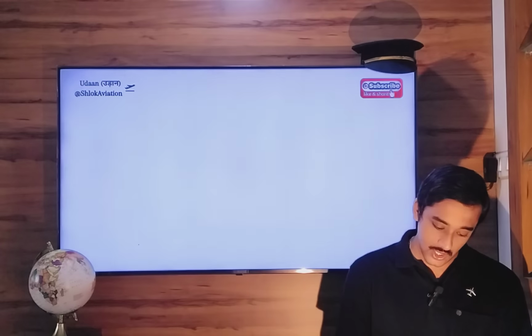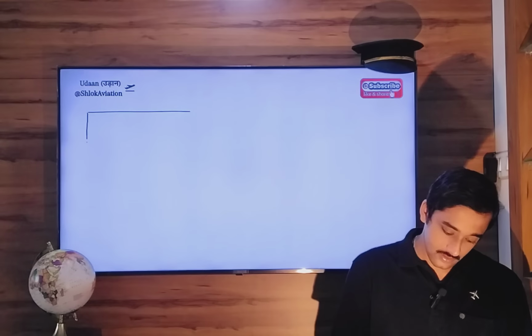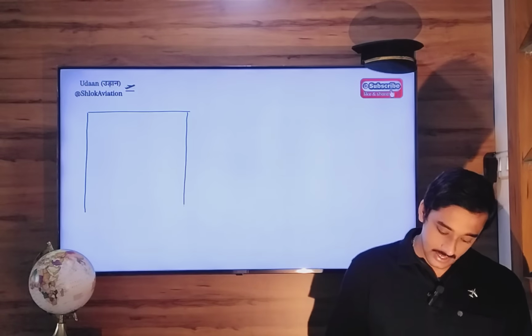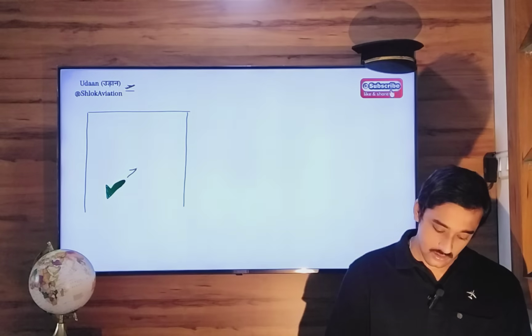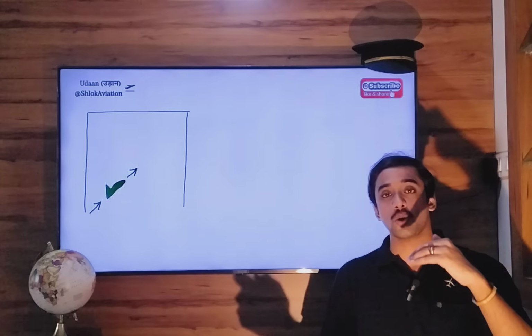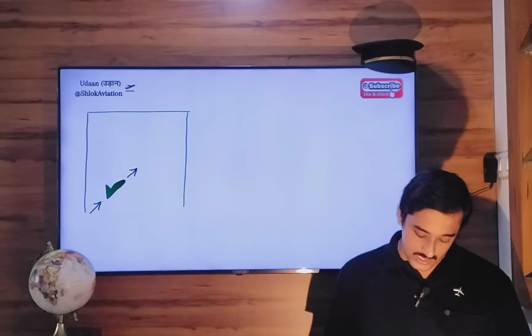Now let's say this is your atmospheric layer. You are climbing in this layer. Our aircraft is climbing in this layer. Now as you climb to higher and higher altitudes, what happens?